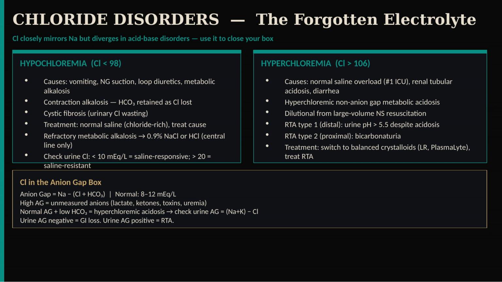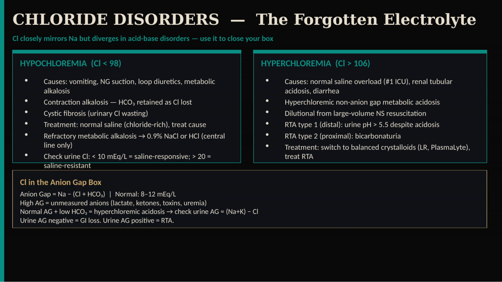Now the part that makes chloride a thinking tool, the anion gap. Sodium minus chloride plus bicarbonate, normally 8 to 12. A high gap means unmeasured anions, lactate, ketones, toxins, uremia. But a normal gap with a low bicarbonate is a hyperchloremic acidosis, and now you go one level deeper with the urine anion gap, sodium plus potassium minus chloride.